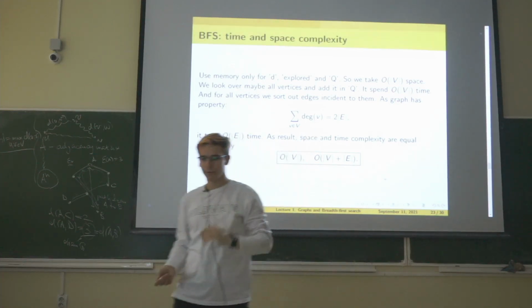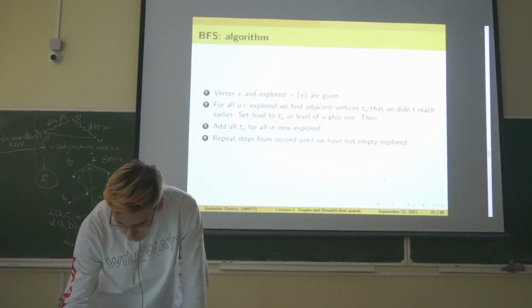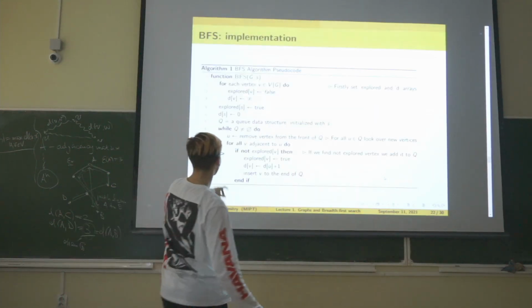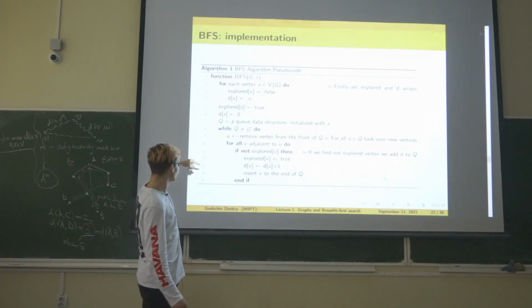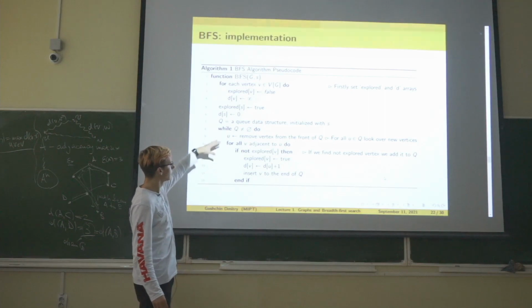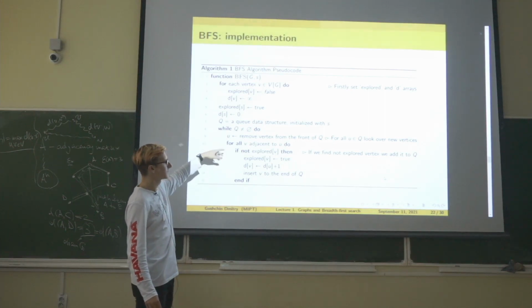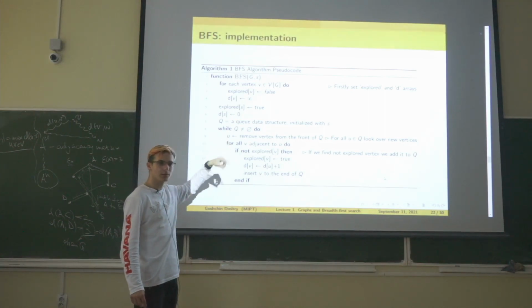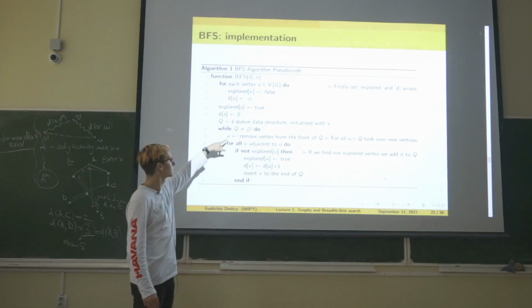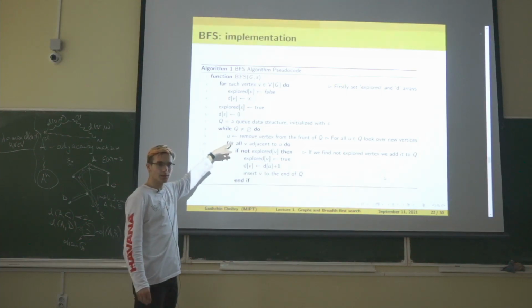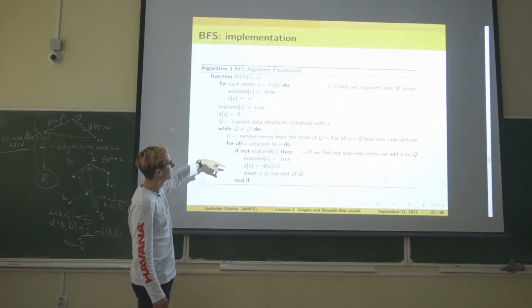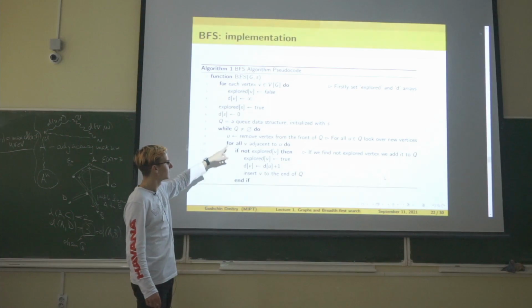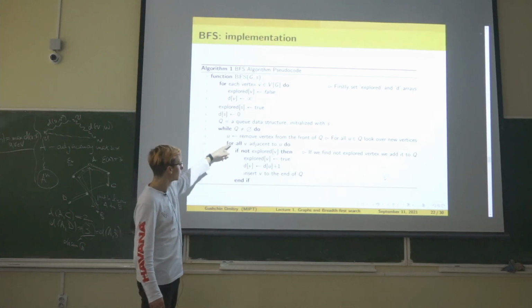So it is from line 10 to 15. These rows say that we need to count all adjacent vertices to U. So we need to spend O of the degree of V to get the answer for this cycle.